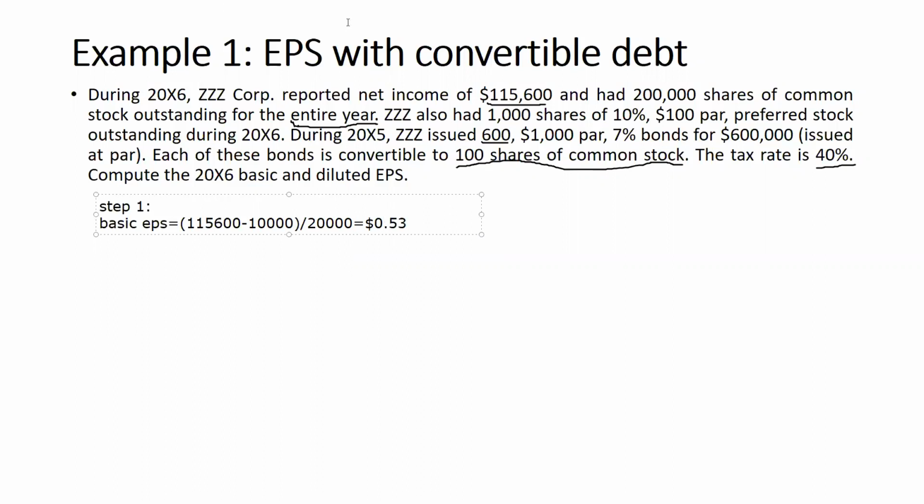Where did we get 10,000 and 200,000? The 200,000 is the number of common shares. And the 10,000 comes from this: we said there are 1,000 shares times $100 par value, which makes 100,000.